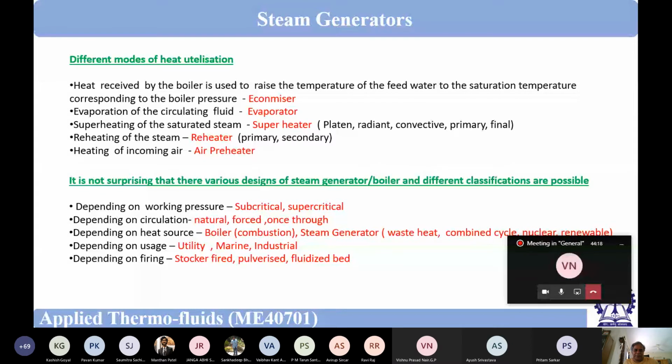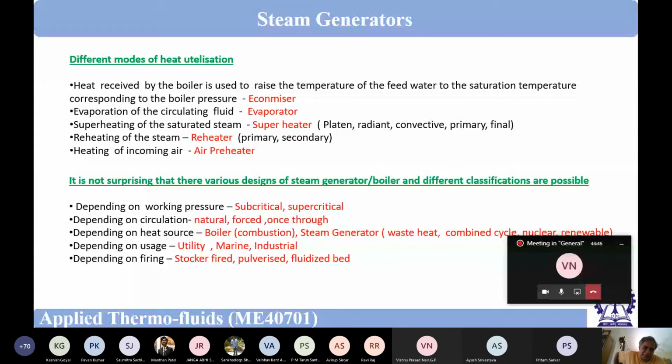And then depending on usage, we can have utility boilers, these large boilers which are generating electricity. Marine boilers are also generating the propulsion and all the auxiliary requirements of a big ship. And industrial boilers. What is an industrial boiler? In many cases in an industry we need steam. Paper industry we need steam.